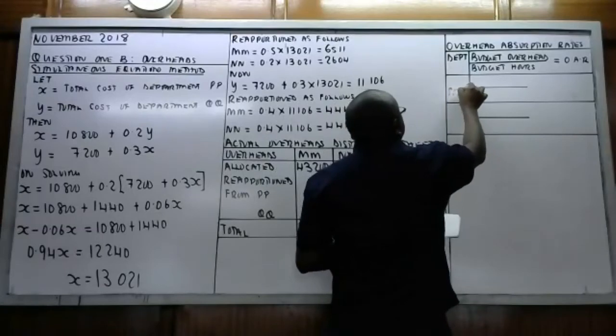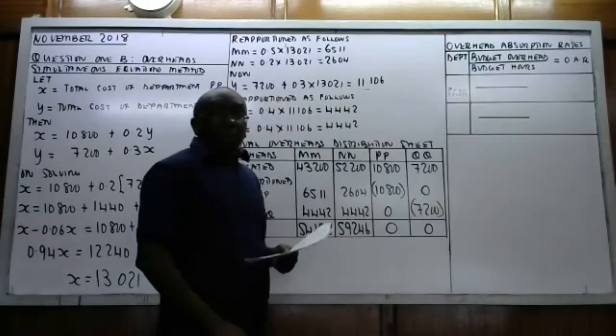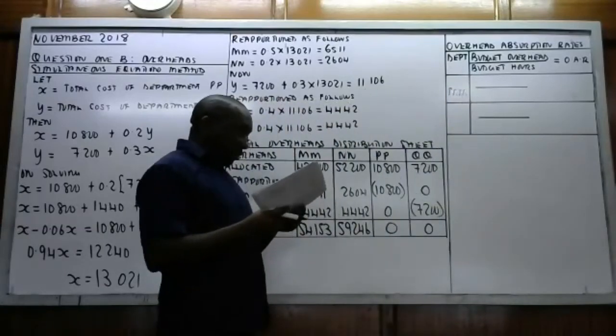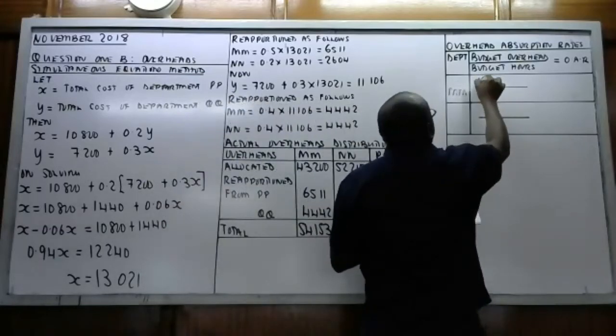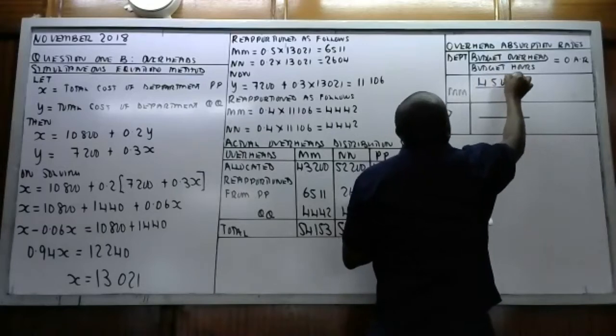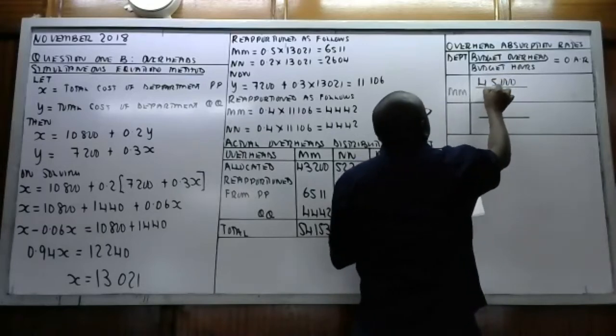So MM, ukiangalia hapo juu, we are told the budget was 45,000 and the hours were 1,800.